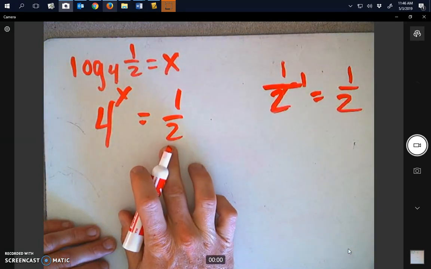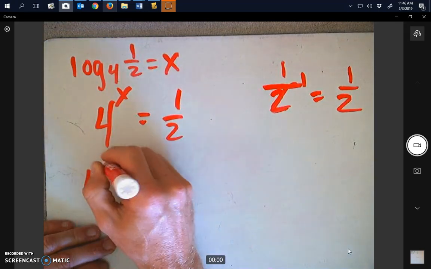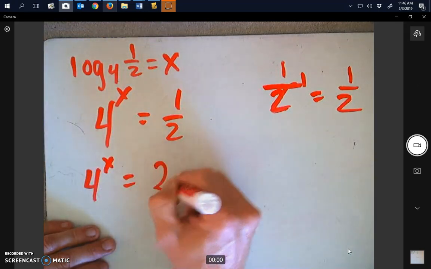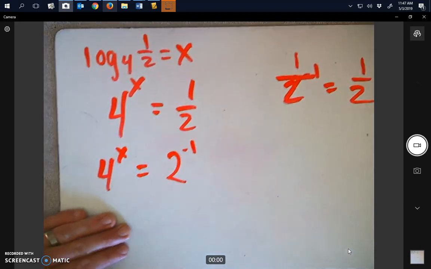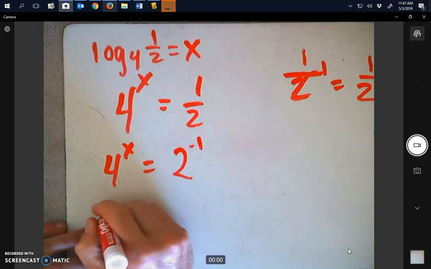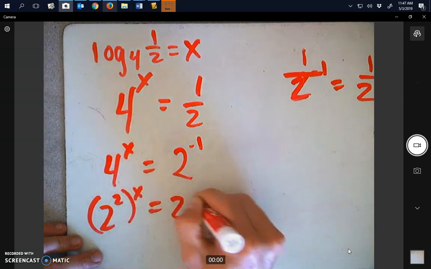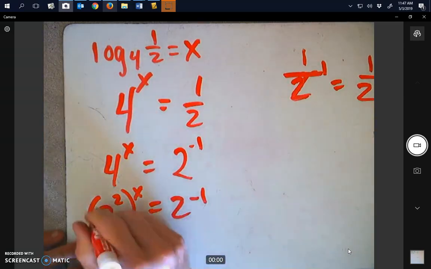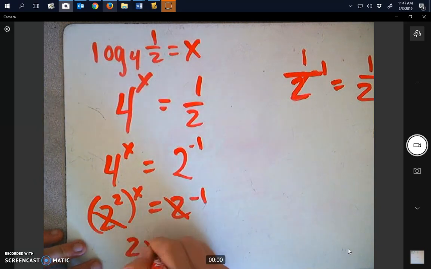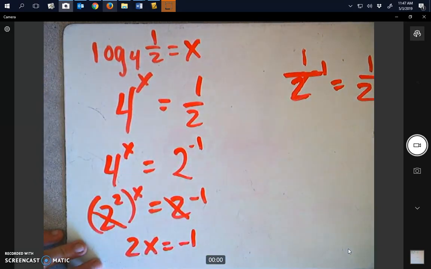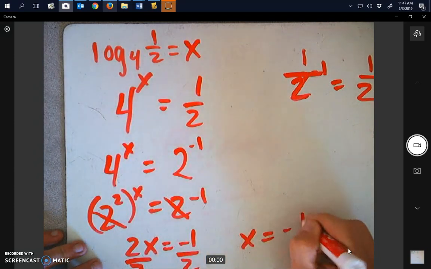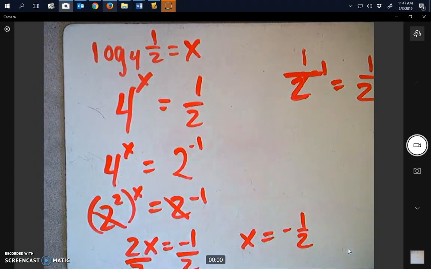So we could rewrite this as 4 to the x is equal to 2 to the negative 1. I can rewrite my 4 as 2 to the 2, with our x out there, to the negative 1. Now we can drop off our 2's. We're left with 2x is equal to negative 1. And we divide both sides by 2, and we get x is equal to negative 1/2.